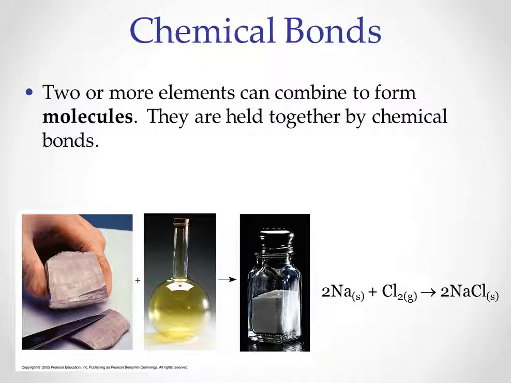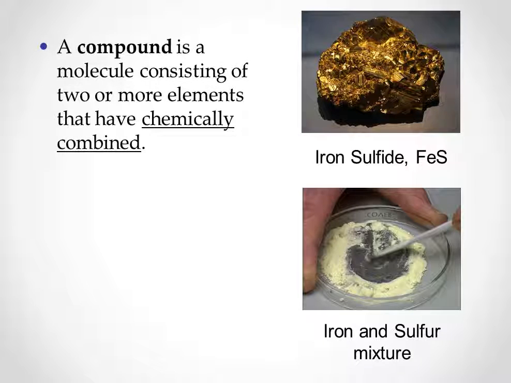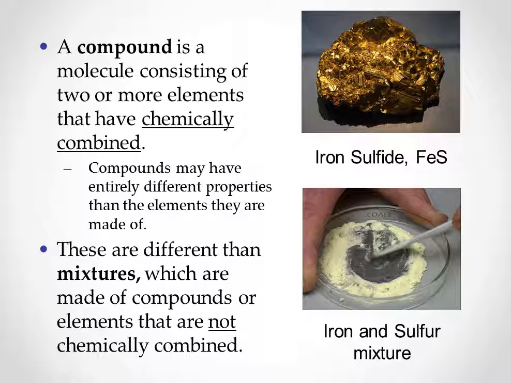Isotope. So let's talk about chemical bonds. Now, a chemical bond, so two or more elements can combine to form a molecule, aka a compound. Bonds.